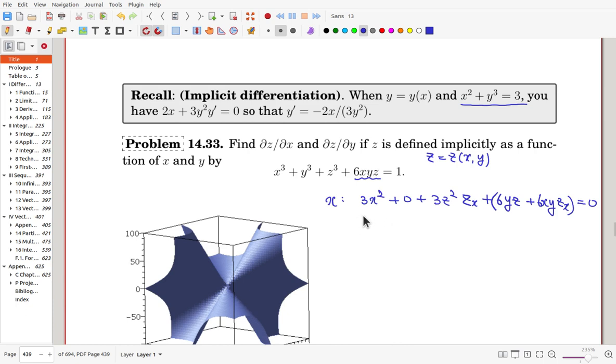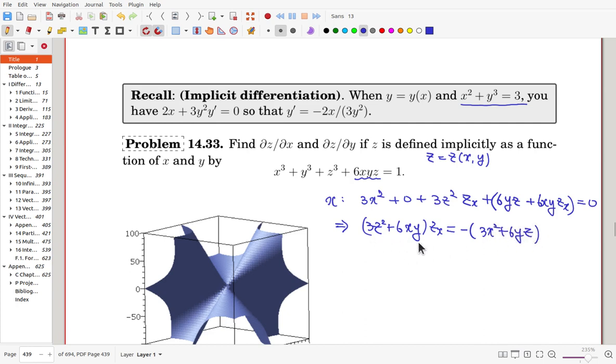Now we can solve it for z sub x. So from here, okay, we have z sub x here and here. So there are 3z squared plus 6xy times z sub x. And we'll move these two terms to the right side. So the minus 3x squared plus 6yz.